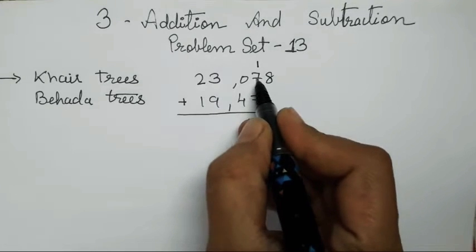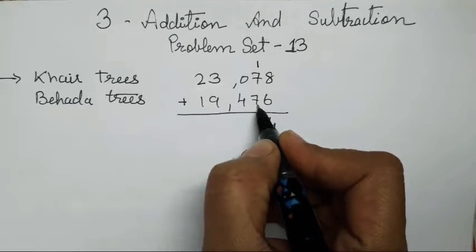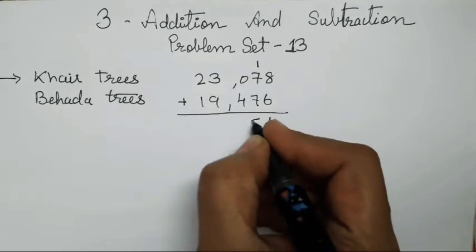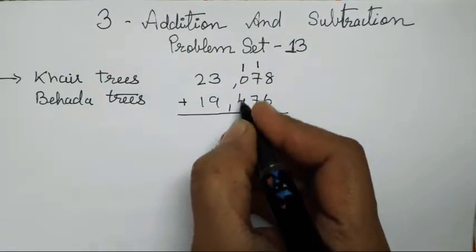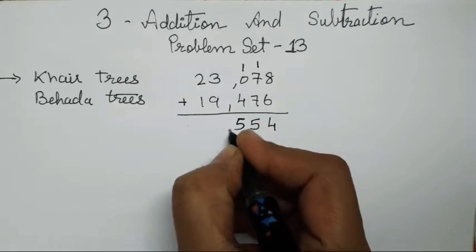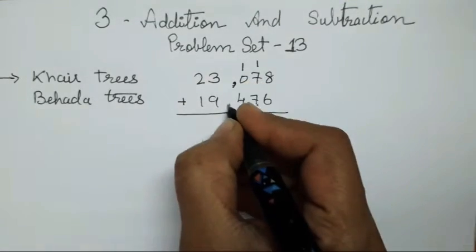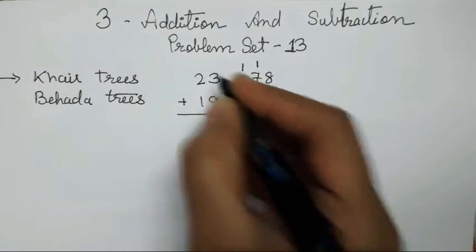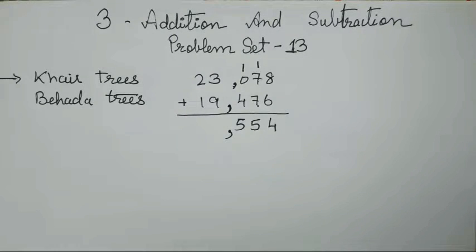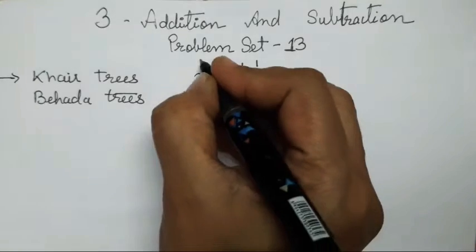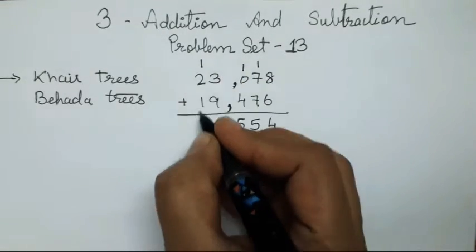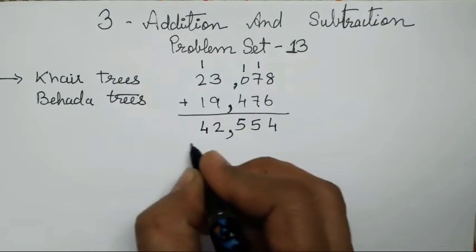Now, 7 plus 7, 14 plus 1, 15. 5 plus 1, that is 5, comma, a comma is there. Now, 9 plus 3. So, after 9, 10, 11, 12. 3 fingers you will have to count. So, it is going to be 12. 2 plus 1, 3, and 1, 4.